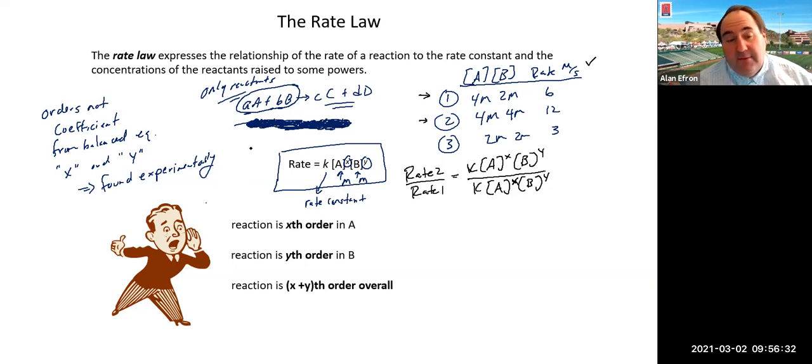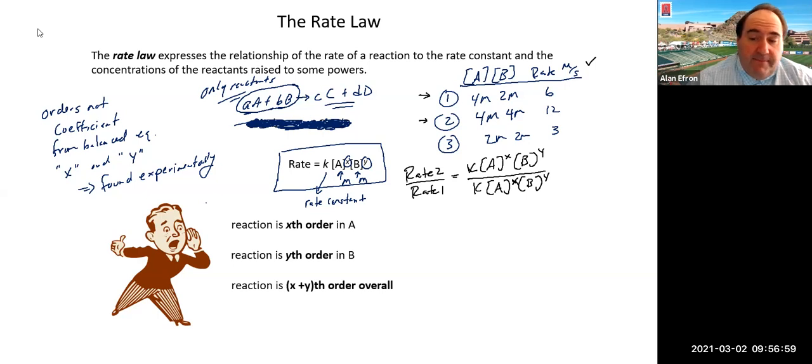We're going to be doing some math here, so we want to make sure we don't have too many unknowns. In order to do that, we're looking for 2 entries in the table where the concentration of one reactant remains the same, while the concentration of the other basically changes.